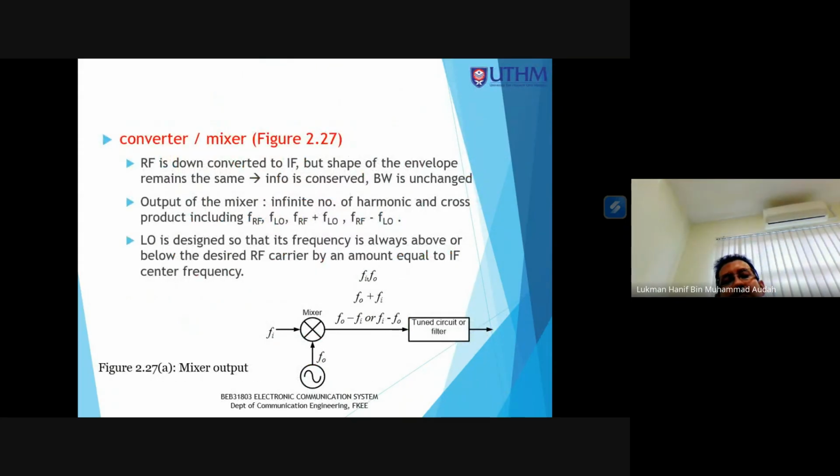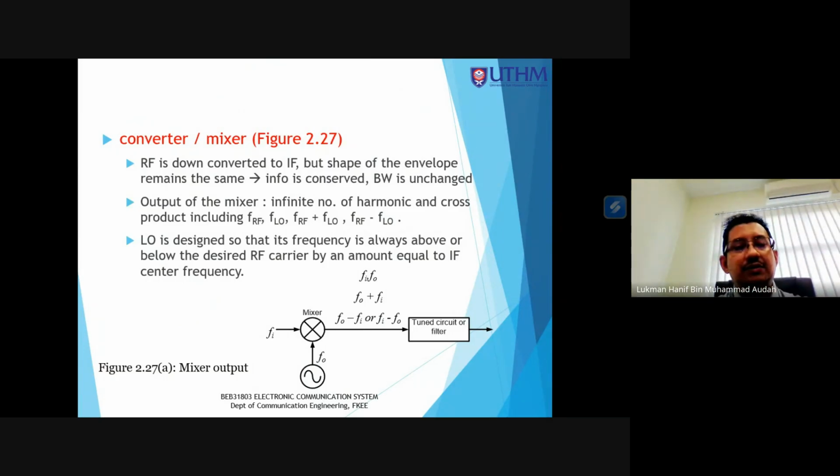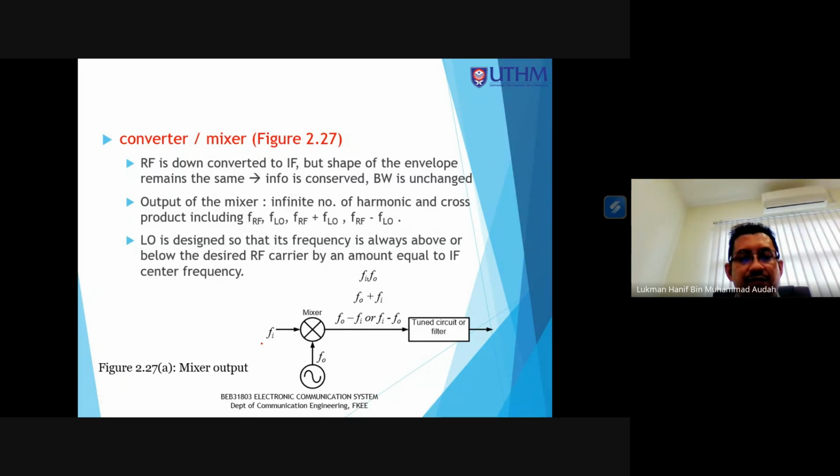From the picture, the input here is the FRF, the radio frequency signal, and then we mix with the local oscillator, FLO or F oscillator.